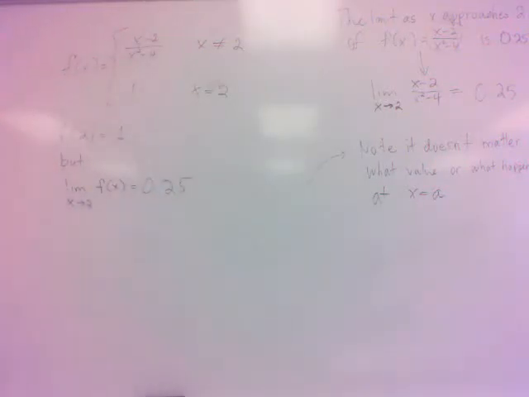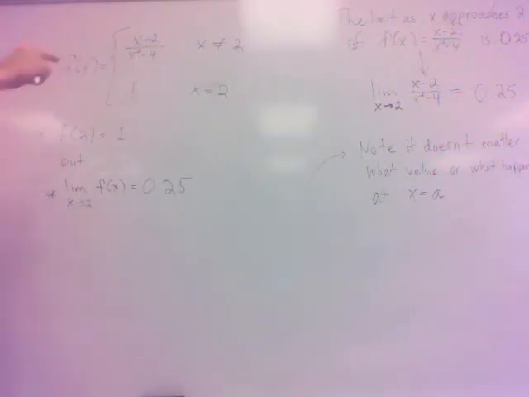Okay. So, yeah, just emphasizing here, the actual function value may match your limit, but it doesn't have to. The limit is what you're doing as you approach 2. It's not what happens at 2. Sometimes it is, and I'll get to that in a moment. But technically speaking, the limit is as you approach 2.